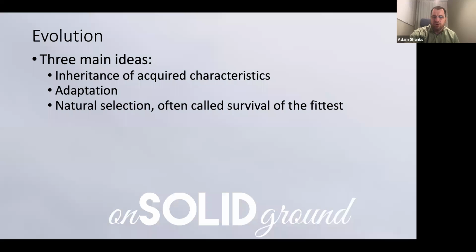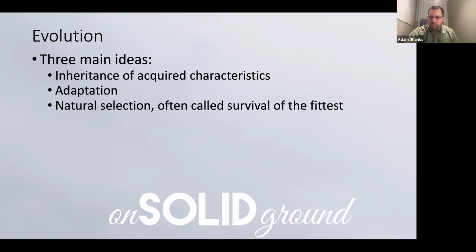Or if I were to contract scurvy because of a lack of vitamin C, my child would be born with some of the same characteristics that I had because of my disease. Some diseases work that way, some diseases don't. So they would basically just make the observation that those things pass on.